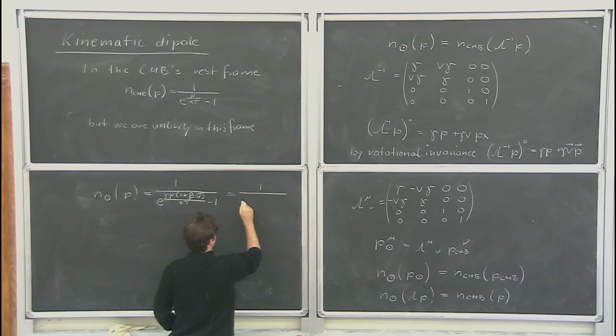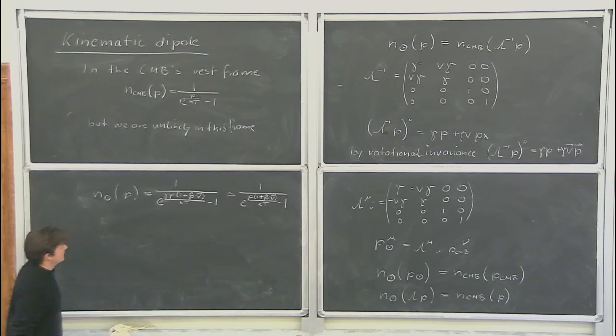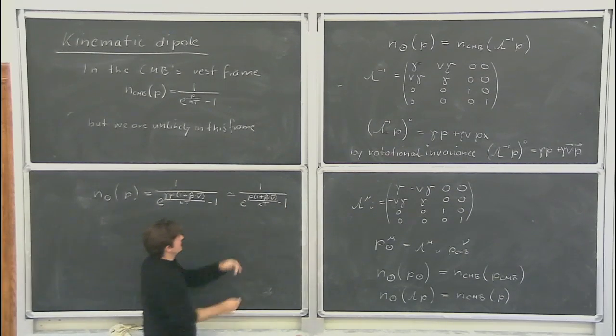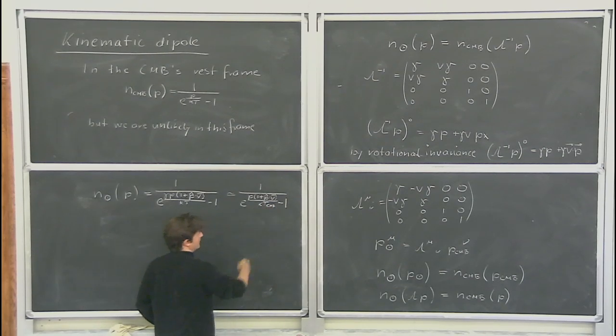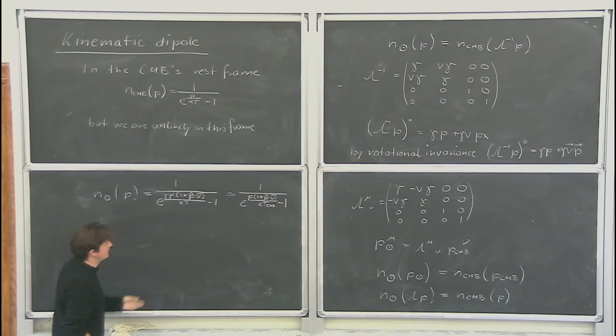So this just becomes e to the p times 1 plus p hat dot v over kT, minus 1. This is the CMB temperature, or the temperature that we assign to the cosmic microwave background in the CMB frame.